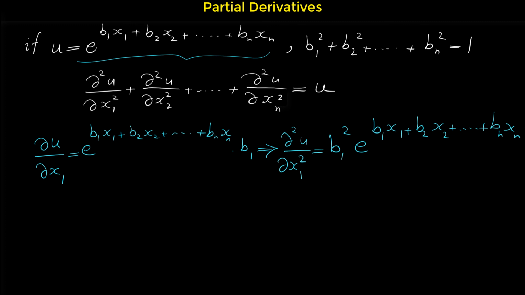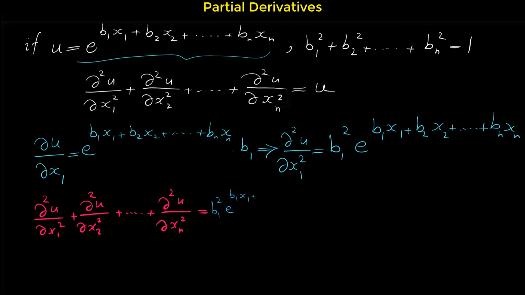So if we continue doing this, we can say that the second partial derivative of u with respect to x1 squared plus the second partial with respect to x2 squared and so on up to the partial derivative with respect to xn squared is equal to b1 squared times e to the b1 x1 plus b2 x2 plus ... plus bn xn.